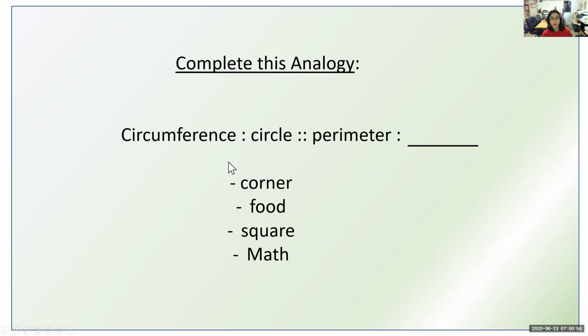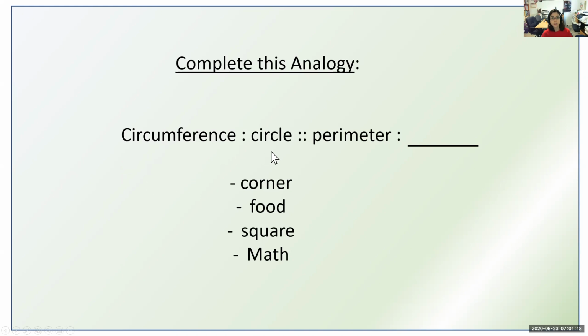Okay, so circumference is to circle. Notice that circle is a shape. That might be a key detail to remember. So circumference is to circle, just as perimeter is to, we could say square, which is also a shape, or we could say math. Well, since circle is a shape and we want to keep this as consistent as possible, square is also a shape.